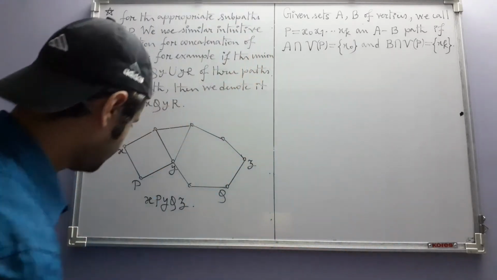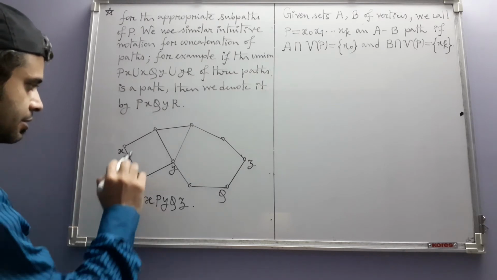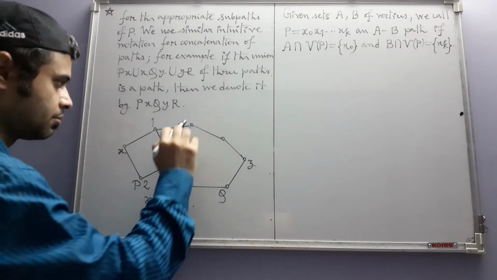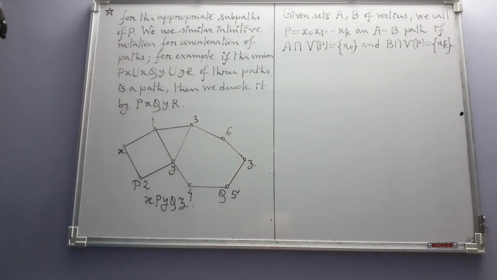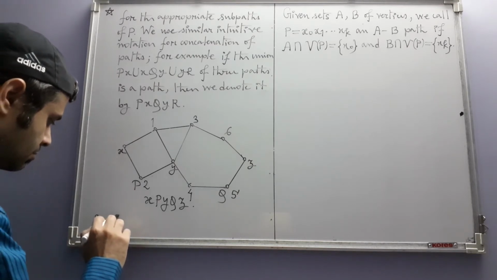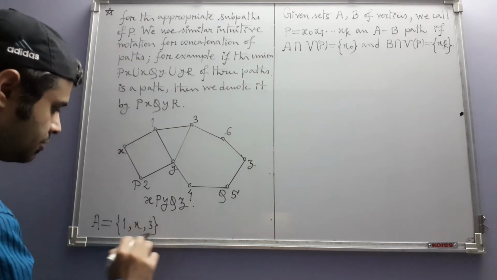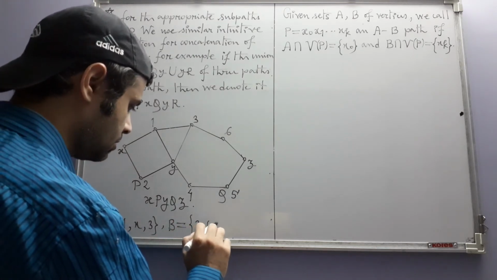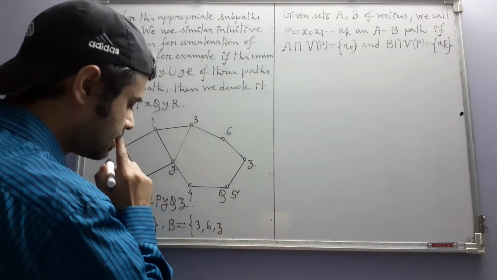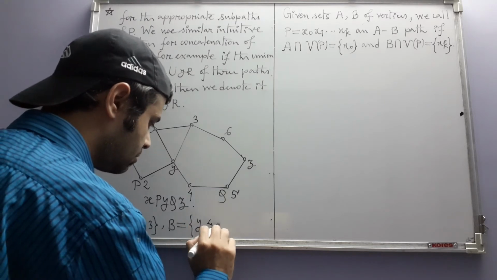For example, in this graph itself, let's, for our convenience, label the other vertices also 4, 5, 6, and say A is equal to {1, x, 3} and B is equal to {y, 4, 5}.